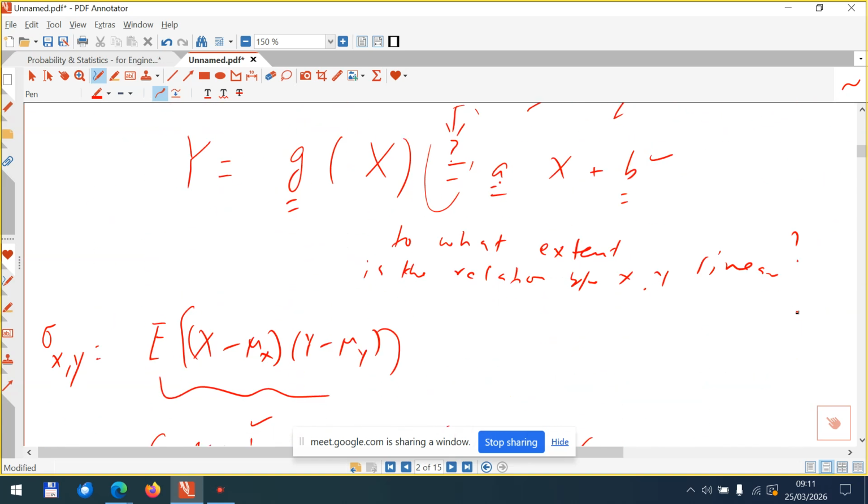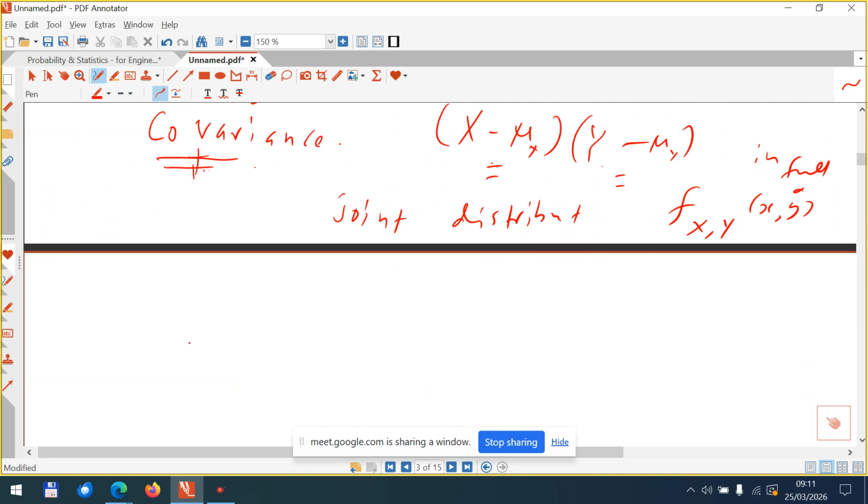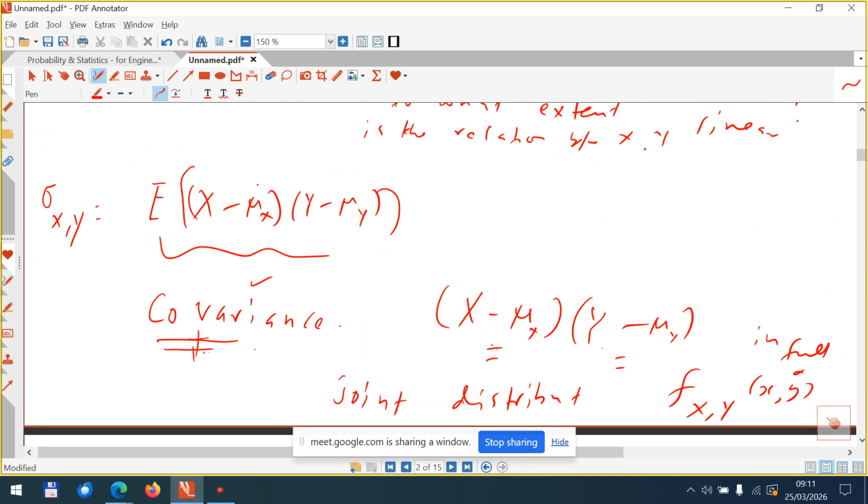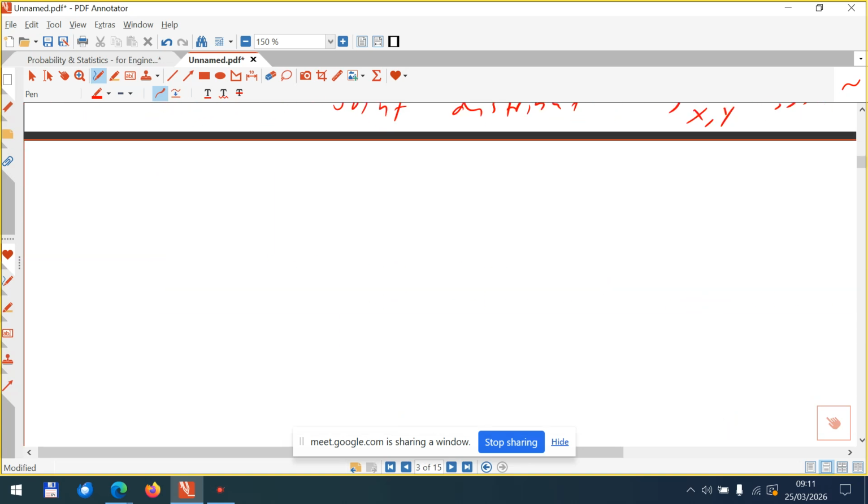Now, what I mean by this is the following. Imagine a table with these values.